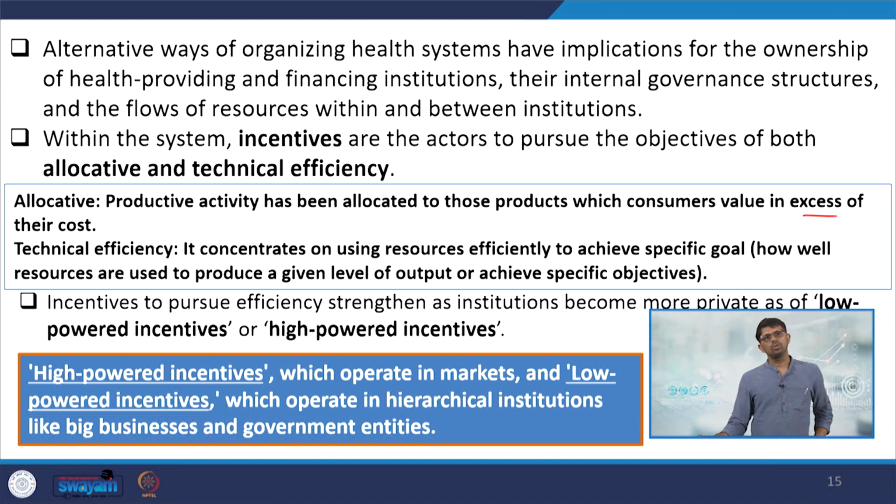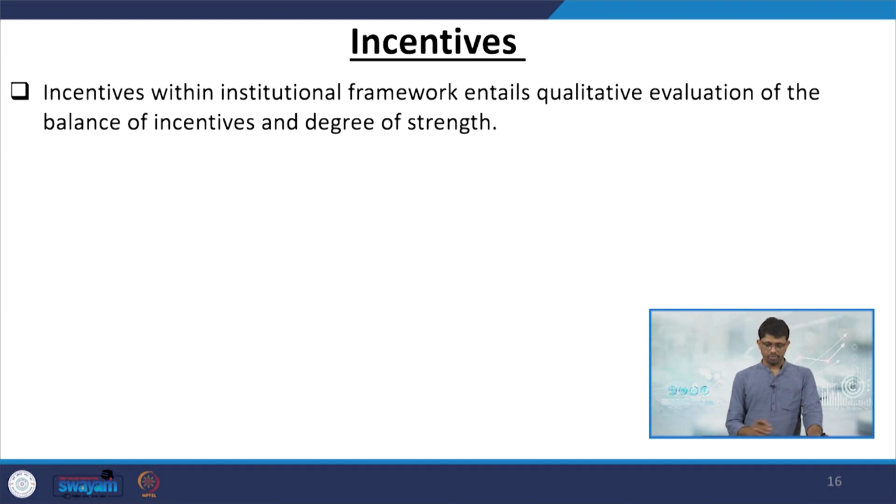Okay. So, usually the purpose of the government is largely allocative, and that largely follows hierarchical incentive schemes, whereas market based might derive the best result, that is why it is called high powered incentive structures.